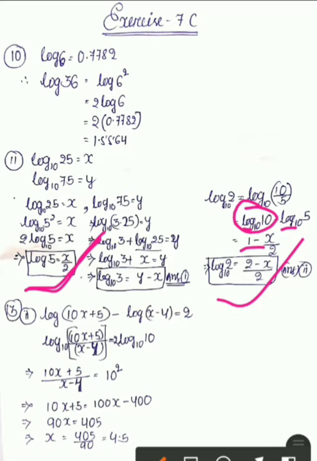So students, already we have done question number 11. In terms of x and y, we have found the logarithm without using the logarithm table. Here you have to find the values in terms of x. So students, this is the homework for you. Question number 12, do it yourself.